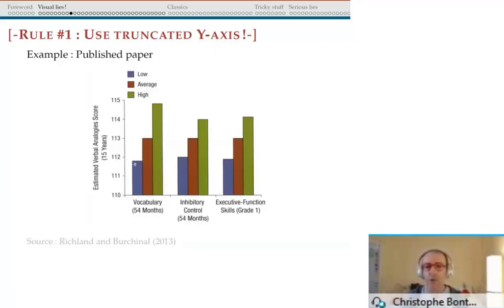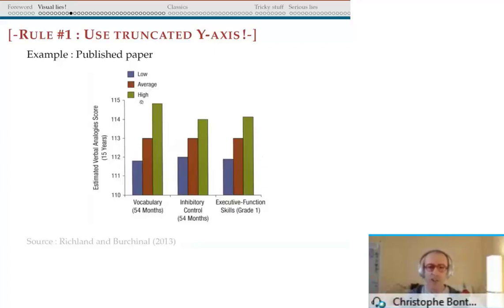And you see, oh yes, this group is lower than this group, and this group of persons has a higher value than this one. But look at the scale. The variation is from 110 to 115. That's not much. That's definitely not what we see. This increase here doesn't exist as much as it appears. It's only 1 or 2 points.